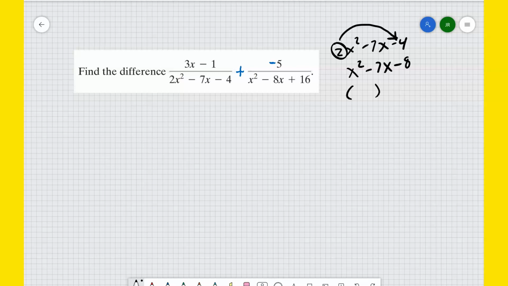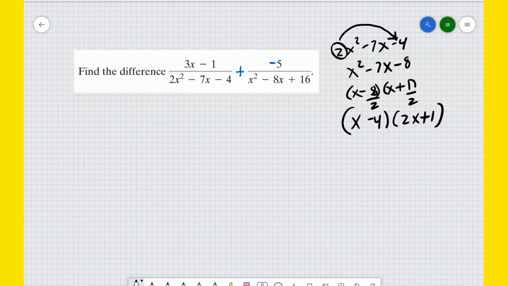And then that factors as x and x, -8, +1. Then I have to remember to put the 2 back up under those. So this becomes x minus 4. And this one won't reduce, so the 2 has to slide in front of that x, so 2x plus 1.